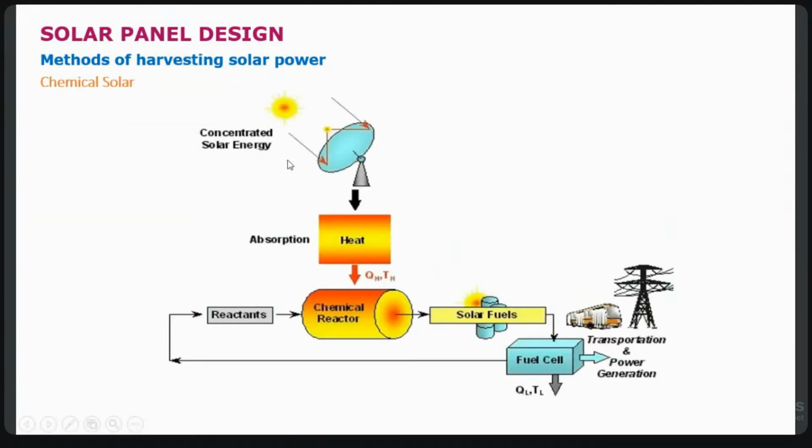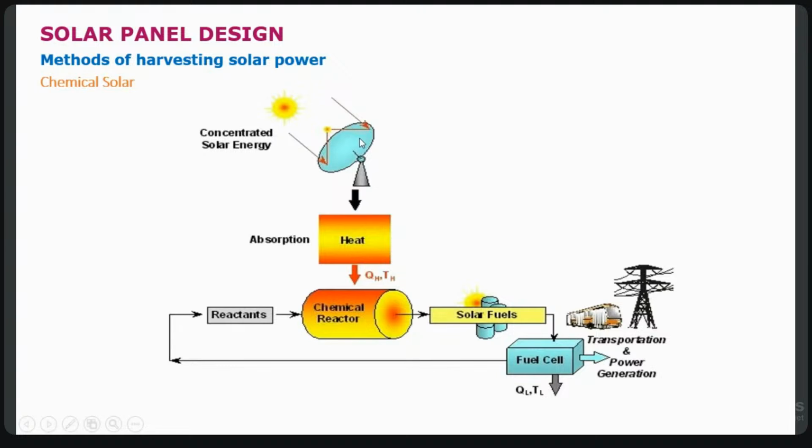Another method of harvesting is chemical solar harvesting. In chemical solar harvesting, it is a similar process where the power is concentrated at one point through mirror technology.